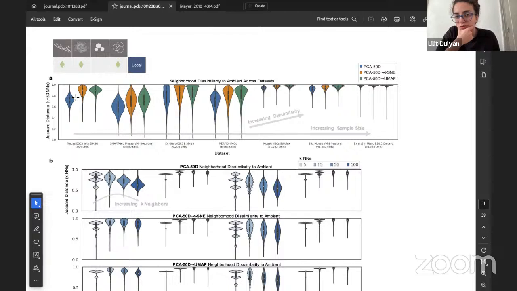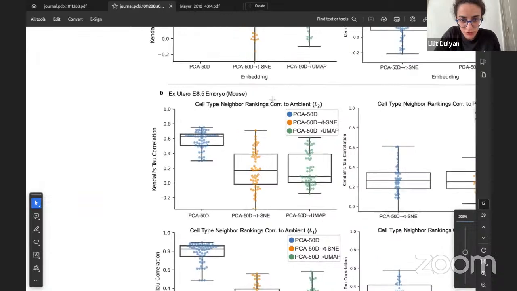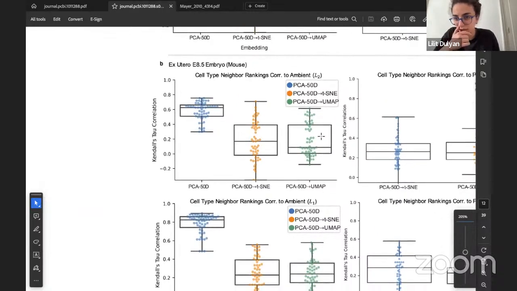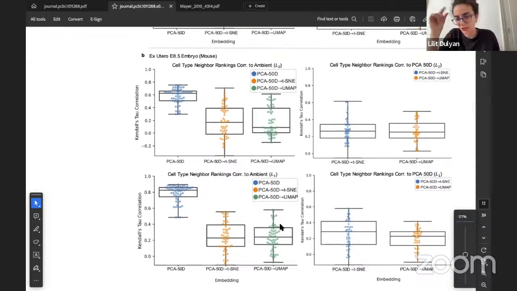So I think they are trying to say that we have to avoid these techniques as much as possible in certain applications, because they only use the Euclidean distance for UMAP. They also showed L1 and L2, the Manhattan and Euclidean distance, and you see there is not so much difference when they calculate the distance between nearest neighbors cells.